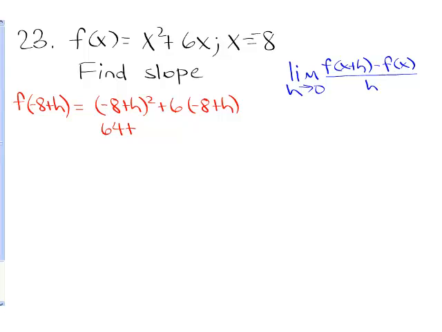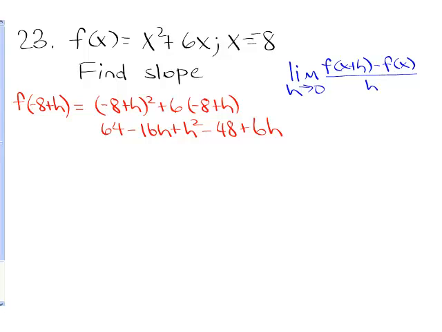So 64 minus 16h plus h squared minus 48 plus 6h. Is that correct? Uh, 2 times negative 8 times h.